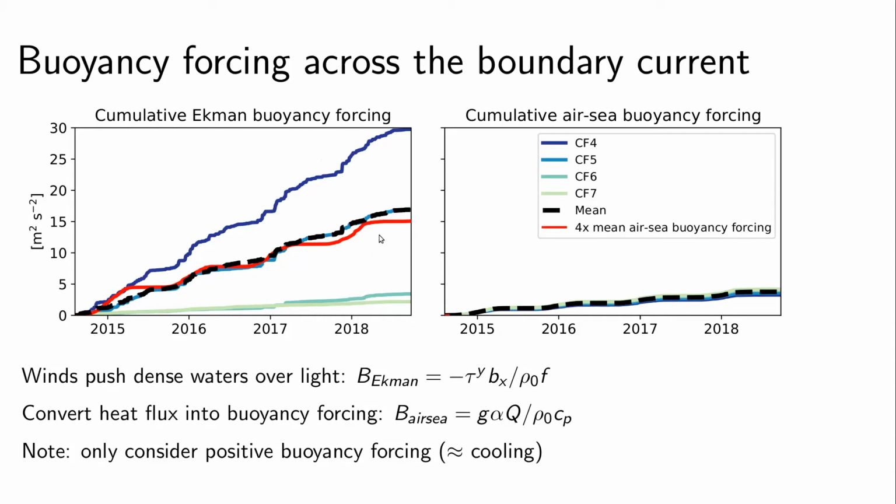And the reason there's this big gradient is because there's a big change in the density gradient as you move offshore. Okay, so this gives us a sense that this Ekman buoyancy forcing could be potentially very significant over the boundary current. It looks to be about 4 times as big as the air-sea buoyancy forcing over the boundary current.